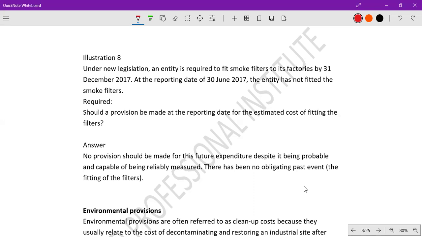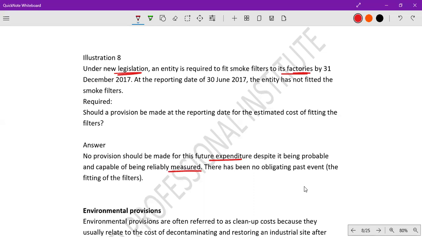See, under new legislation, they are required to fix the filters. So if the company has decided to sell the entity, would there be anything? So we don't do any provision for future things. Let's look at the answer. No provision should be made for this future expenditure, despite being probable and capable of being measured.